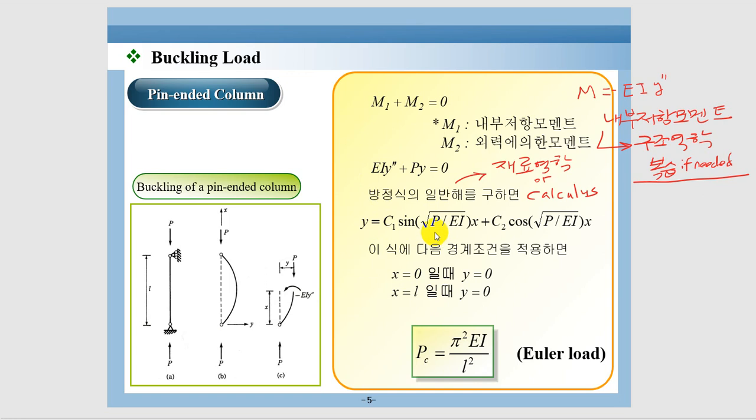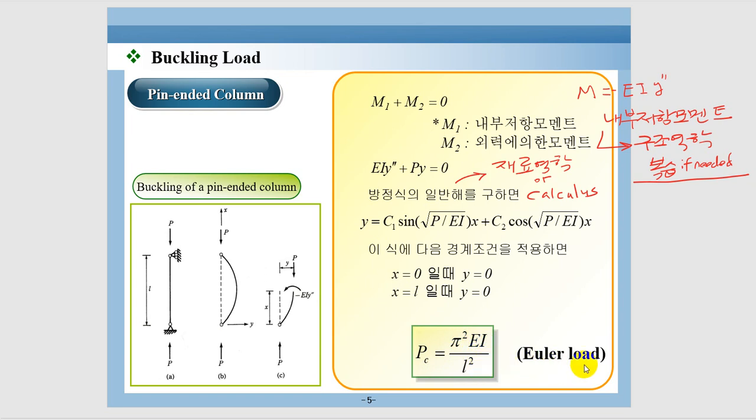So we apply the boundary conditions there, x equal to 0 and x equal to L. The deflections are restrained, so they are all 0 right there. So we get this equation: Pc, where c means critical, is equal to pi squared EI over L squared.